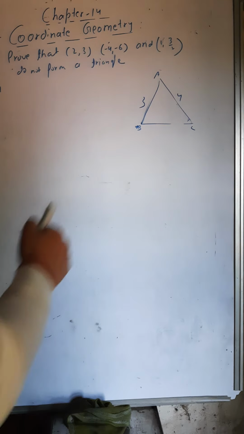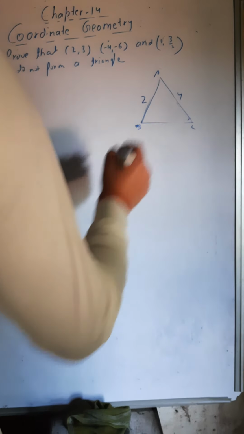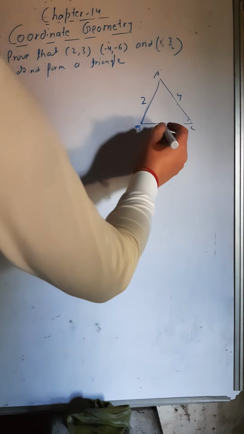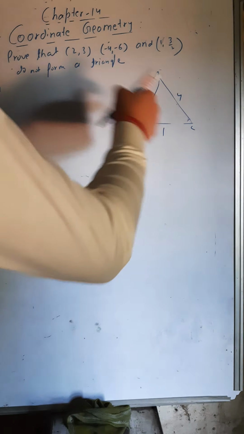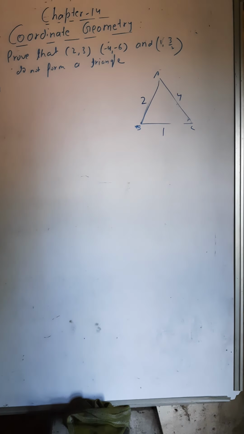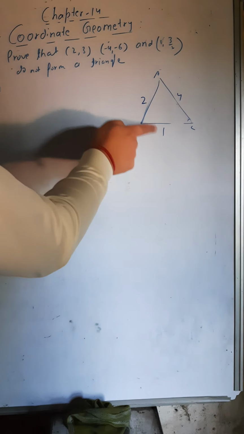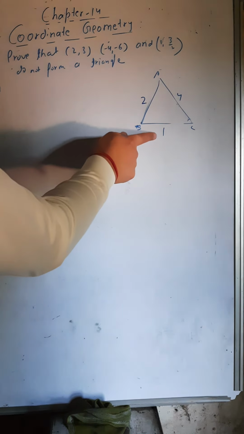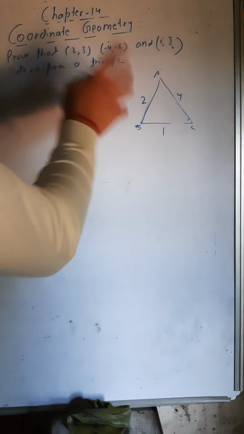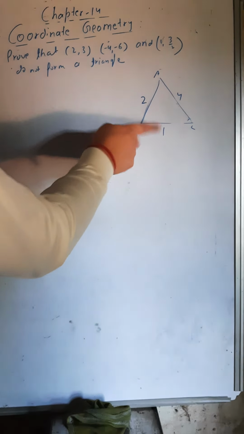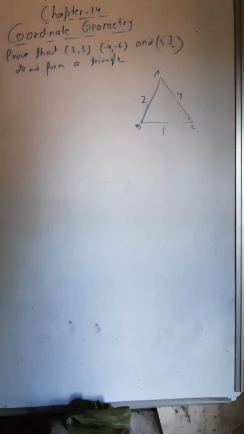Now suppose I write this as 2 and this as 1. Is this triangle possible there? No, such a triangle will not be possible. Why? Because if you add any two sides, 2 plus 1 is 3, but this 3 is less than 4. Rather, this should be more than 4, then it would have formed a triangle.